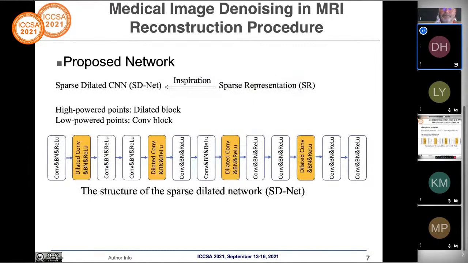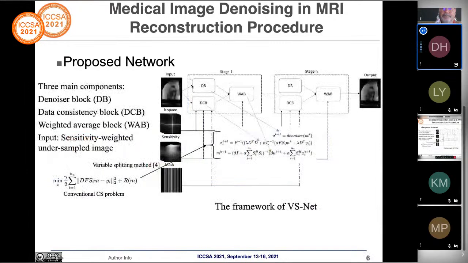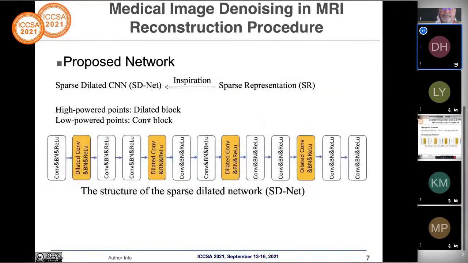As I mentioned before, for the denoise block we can use many methods to improve this block here. So inspired by the sparse representation, we proposed a sparse detailed neural network, and it's mainly about the dilated convolution. It can contain more detailed information by enlarging the receptive field by tuning the parameter of the dilation rate.